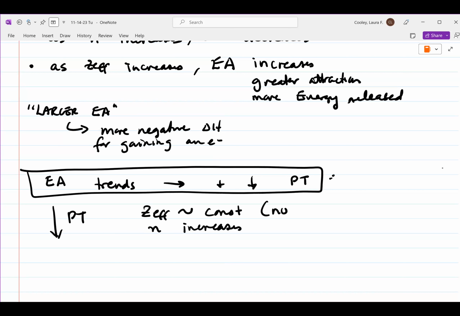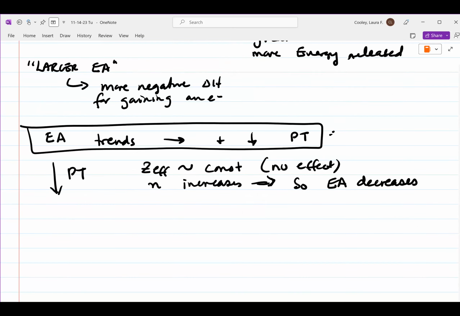So Z effective has no effect. As n increases, you're getting further and further from the nucleus, so the electron affinity, the desire for that atom to accept an extra electron, decreases.